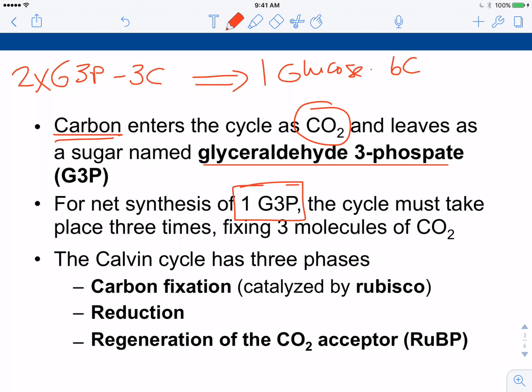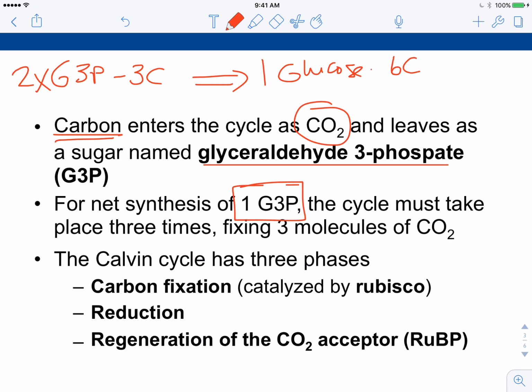That gives us 3 6-carbon compounds, and they are quickly changed into 6 3-carbon compounds. At this point, we've fixed our carbon, and now it's an organic molecule, and now we're ready to pack in some energy. So we're going to the next phase, phase 2, which is reduction, where we store energy into this 3-carbon compound.